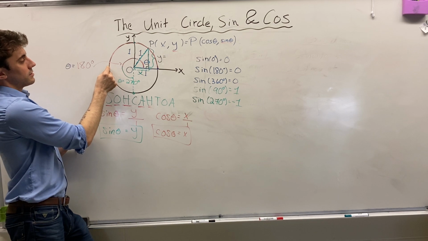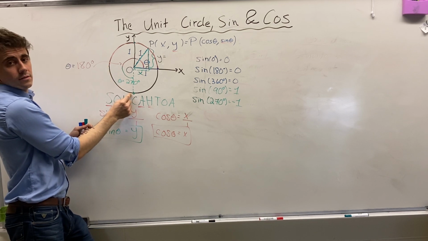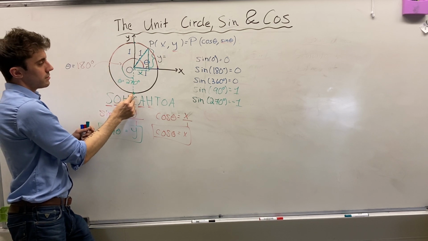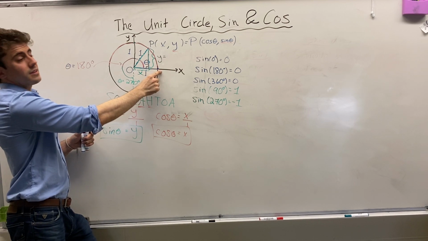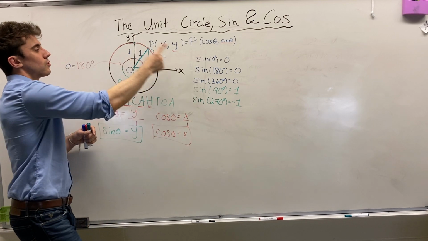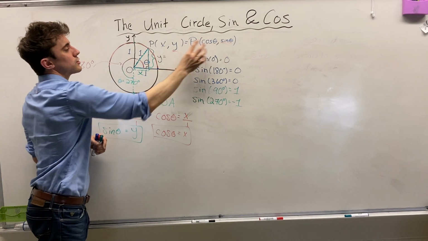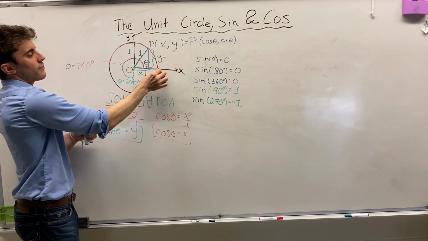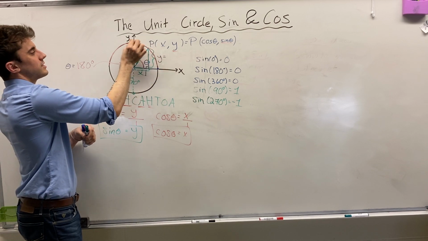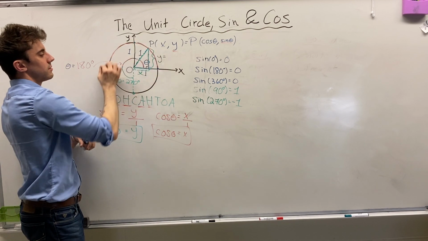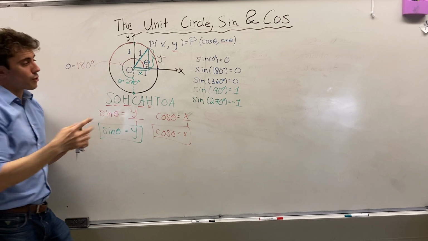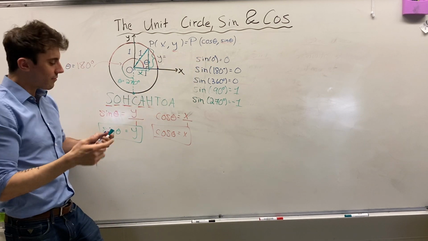And then between 0 and negative 1. And then finally between negative 1 and back up to 0. And that's how the sine values rotate around the unit circle, because the sine values correspond to the y-coordinate of the point P that's rotating around the unit circle. Okay? And this will correlate to a sine graph later on.